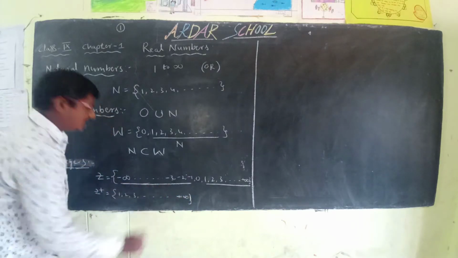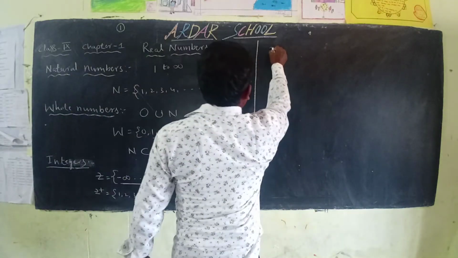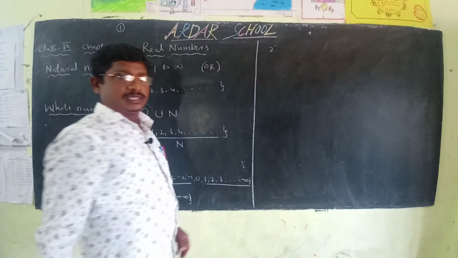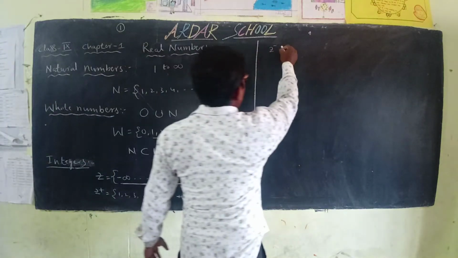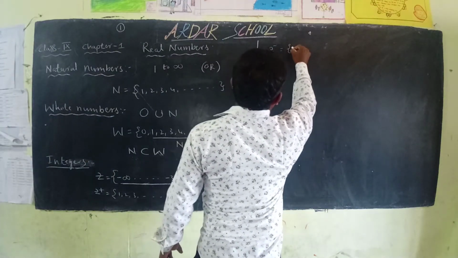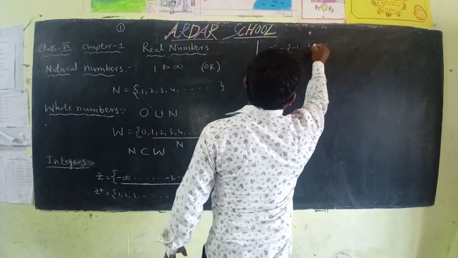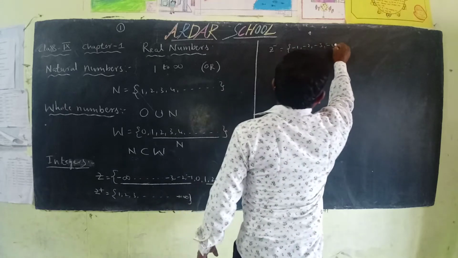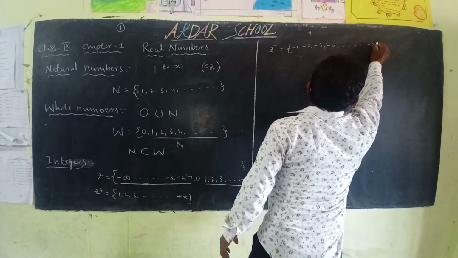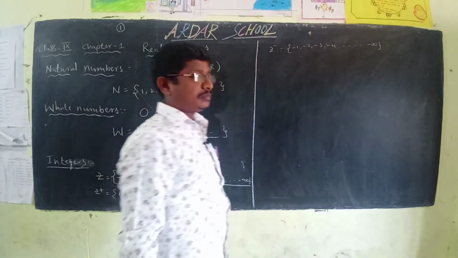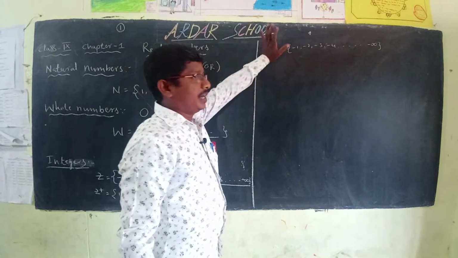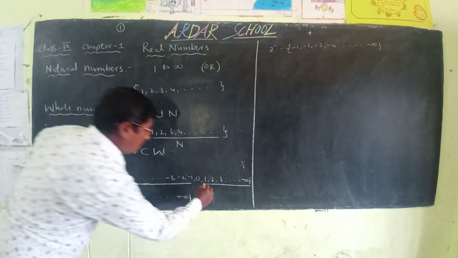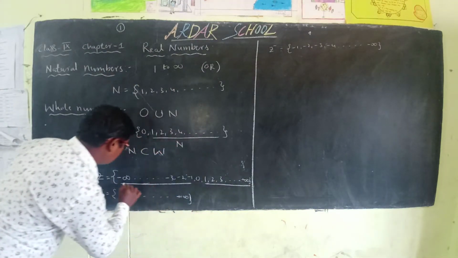Negative integers are denoted by Z minus. Z minus is equal to the set of minus 1, minus 2, minus 3, minus 4 and so on, minus infinity.